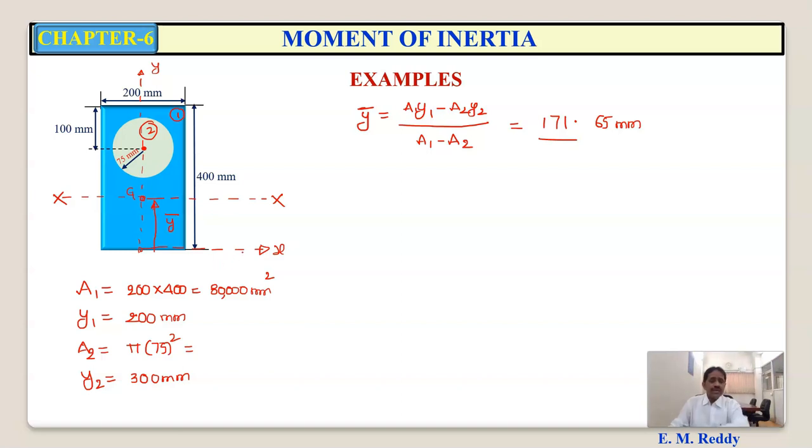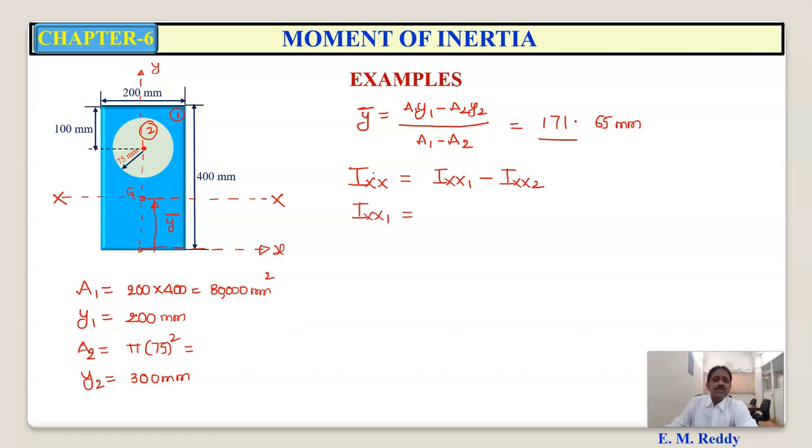Now to find out the moment of inertia about the centroidal x-axis. So moment of inertia about centroidal x-axis is equal to Ixx1 minus Ixx2. Why minus? Because the circular portion is to be removed, right?